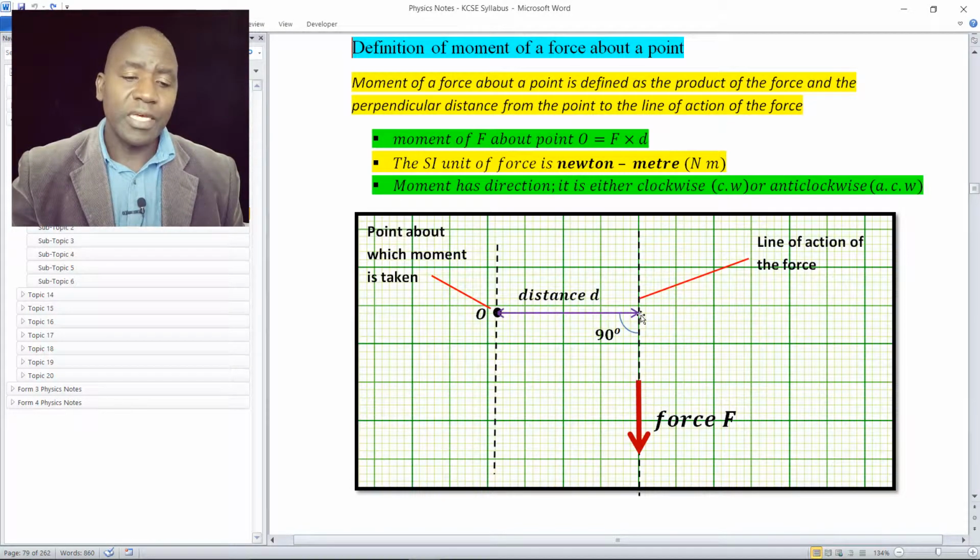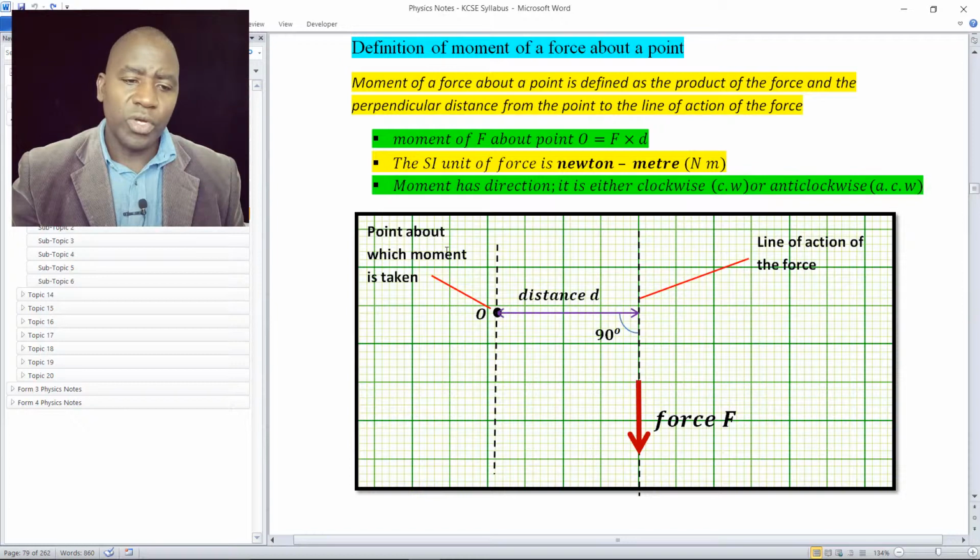And that distance is measured from the point about which we are taking moments. So this distance here makes 90 degrees with the line of action of the force, and it is the one we are going to multiply with the force to get the moment of this force about point O. That one is very, very important.